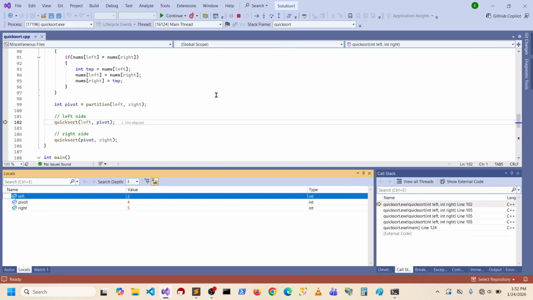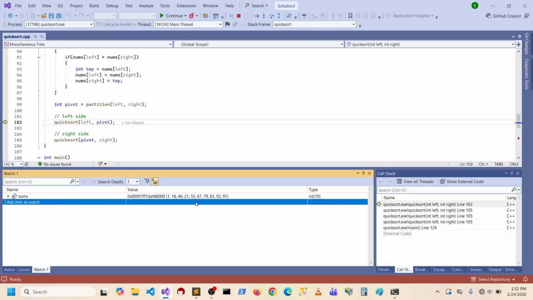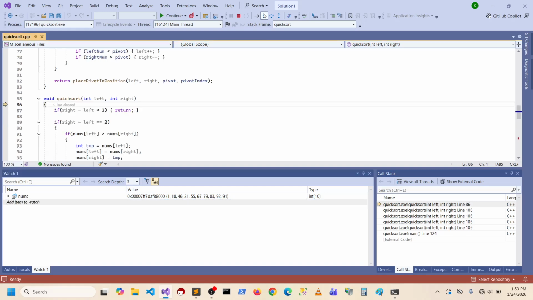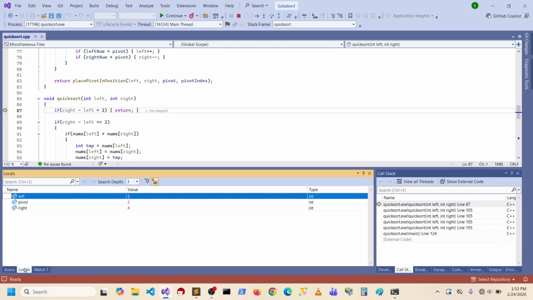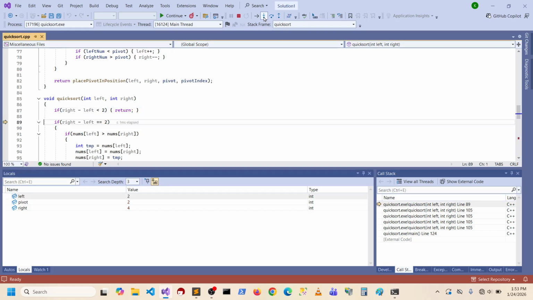Pivot's 4. Now it does the left side of that. Left side here. So now it gets caught in this.